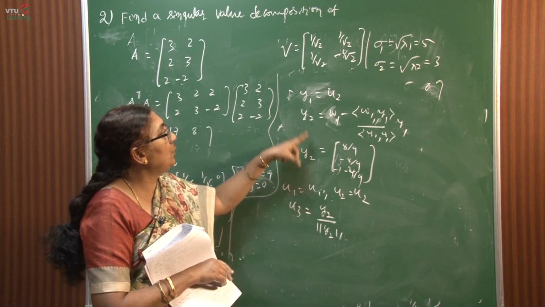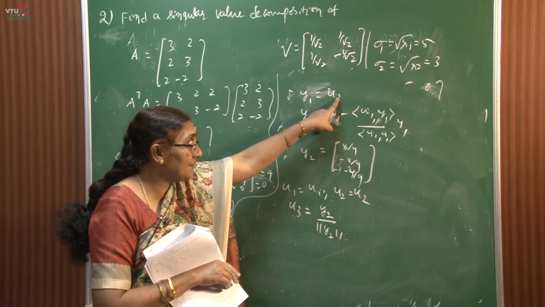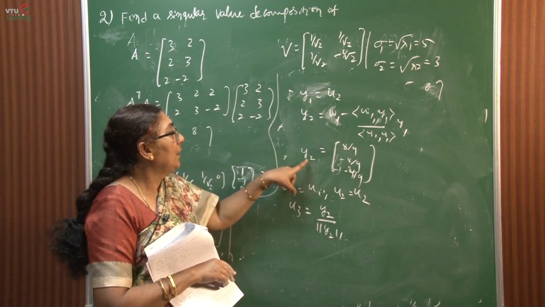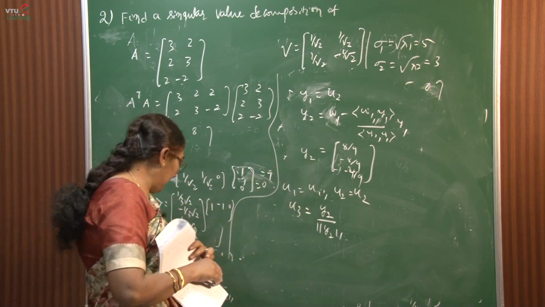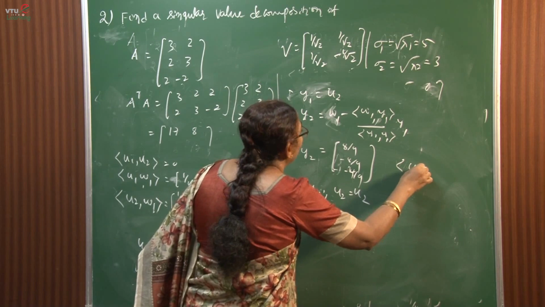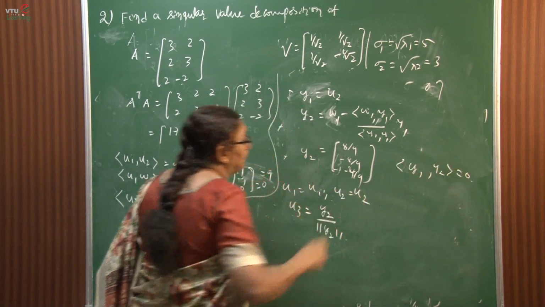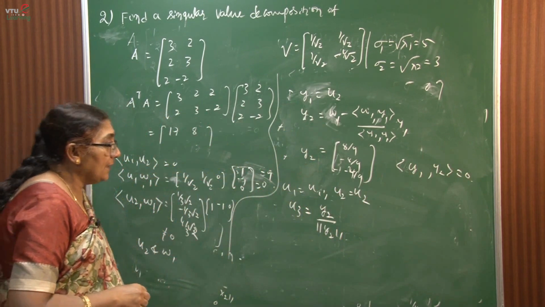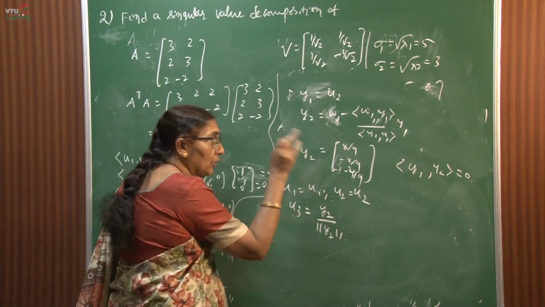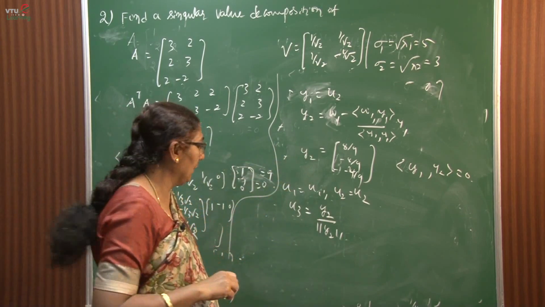Now once you get y2, the inner product between y2 and u2 is definitely 0, because we are finding it using Gram-Schmidt. Therefore the inner product of y1 comma y2 must be 0. Next you have to take the unit vector. u1 and u2 you find using the usual formula, Av1 divided by sigma 1.